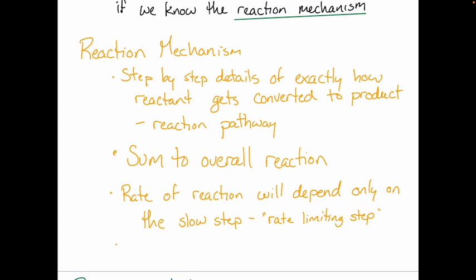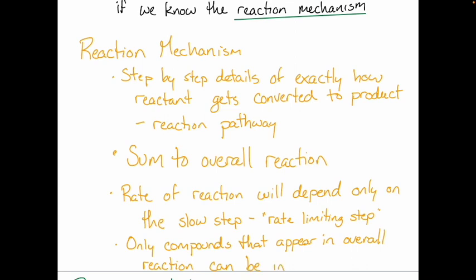But we also have to add that only compounds that appear in your overall reaction can be in your rate law. So we got one important caveat to add here. Yes, it's going to depend on the slowest step, but only compounds that appear in your overall reaction can be in your rate law.